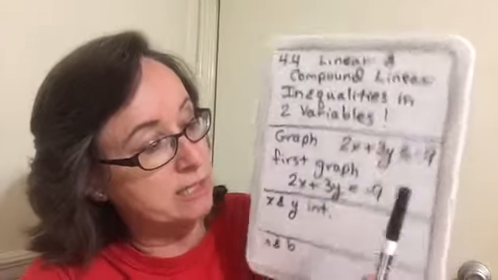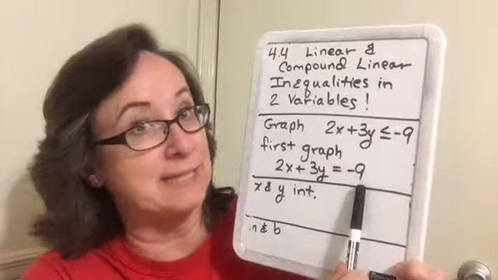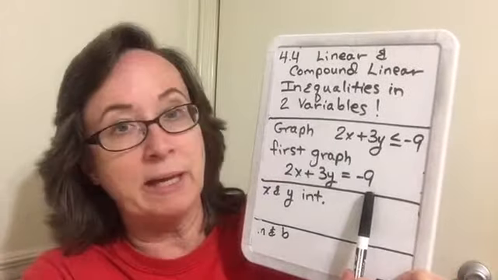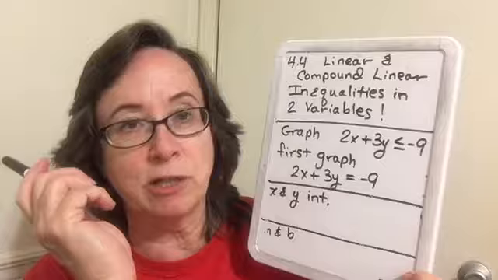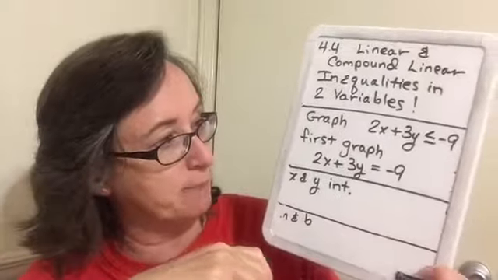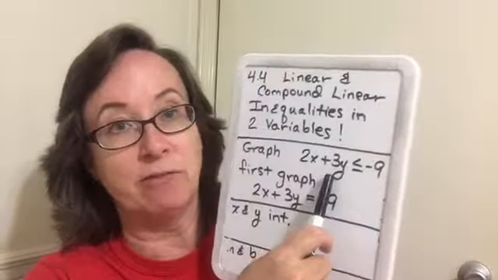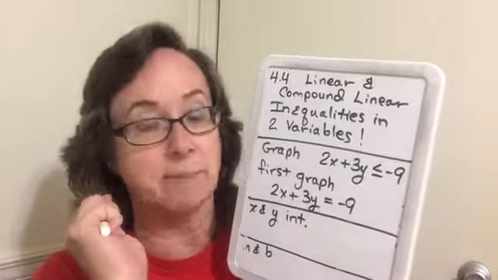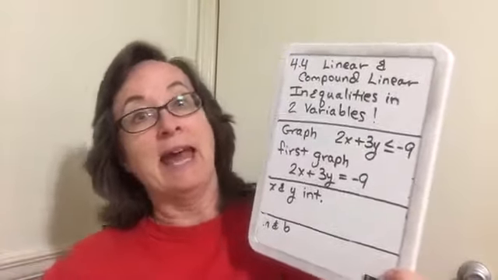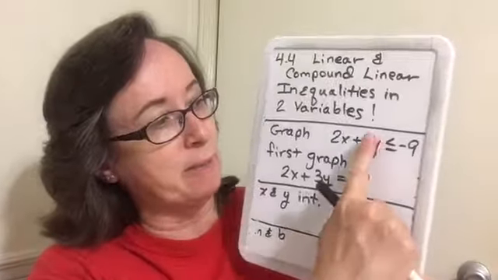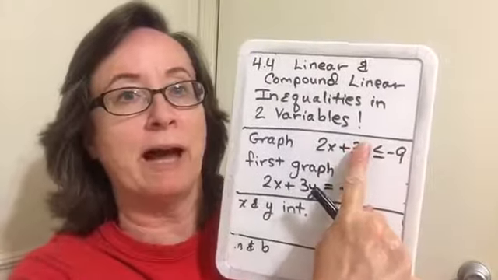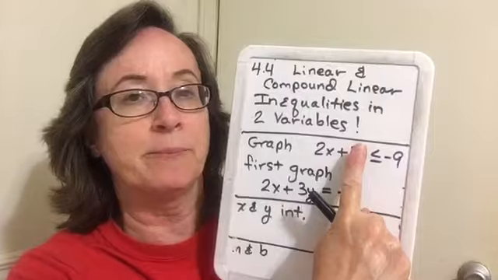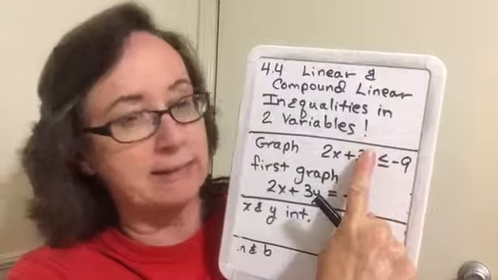So in order to graph this equality, we will do it two ways because I want you to be familiar with both ways. Anytime we have something in standard form, it's very easy to graph it using the x and y intercept. To find the x-intercept, we let y be 0. So if I cover up the y value with my finger, then I have 2x.